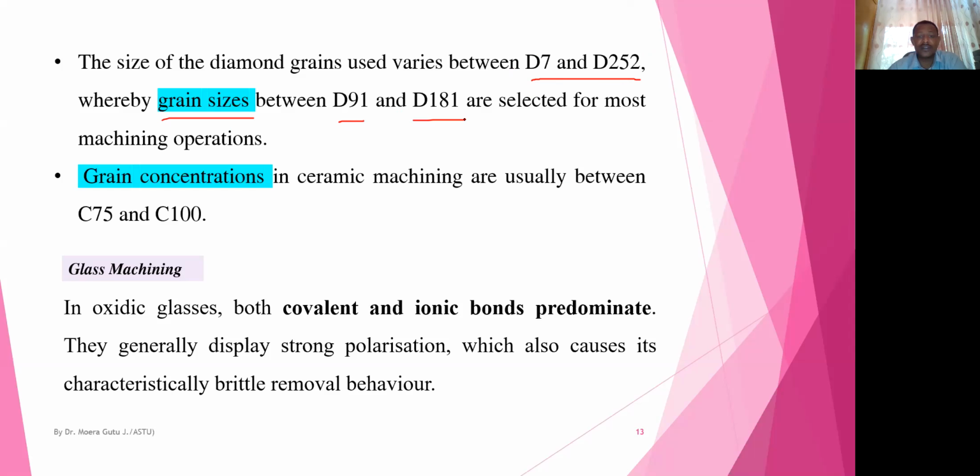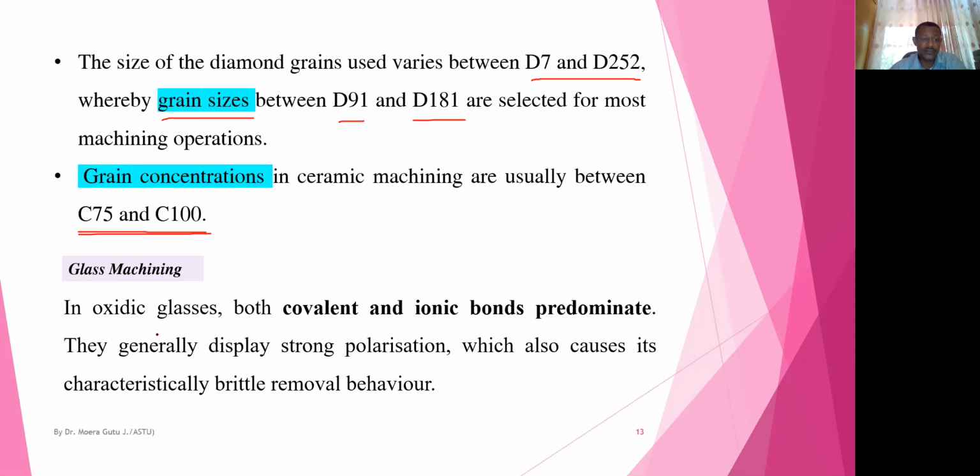These grain sizes are selected for most machining operations. The grain concentration in ceramic machining is usually between C75 and C100. So among the grain concentrations, when machining ceramics, you have to use only these ranges.